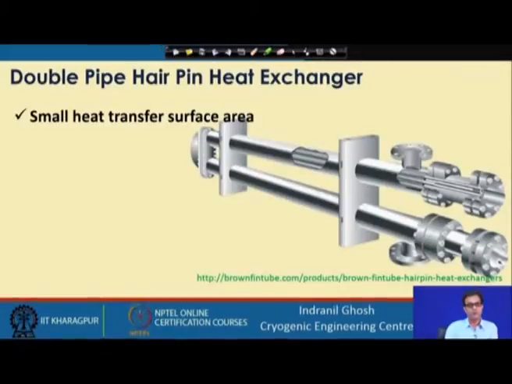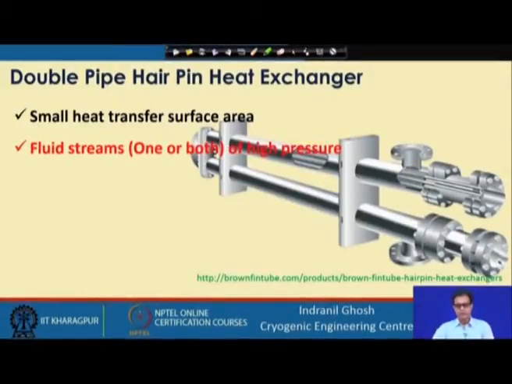This type of exchanger is in use when we need a small heat transfer surface area. Also, this particular type of heat exchanger is suitable for high pressure fluid streams, when both or one of the fluid streams is bearing very high pressure, and we can think of using this kind of exchanger. On the negative side, it is a bit bulky and a bit expensive per unit surface area.